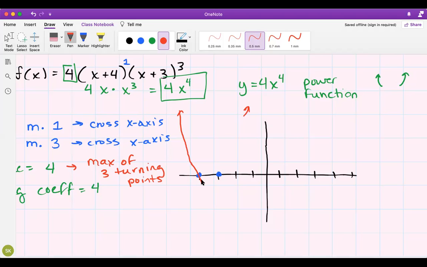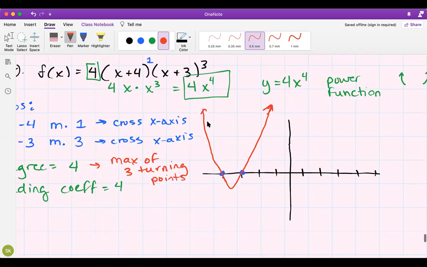We have to cross the x-axis. Now, we can make a turning point right here and go up like this. This would be just a regular looking, kind of like a parabola. And here I've only made one turning point. Okay, so that's one option.